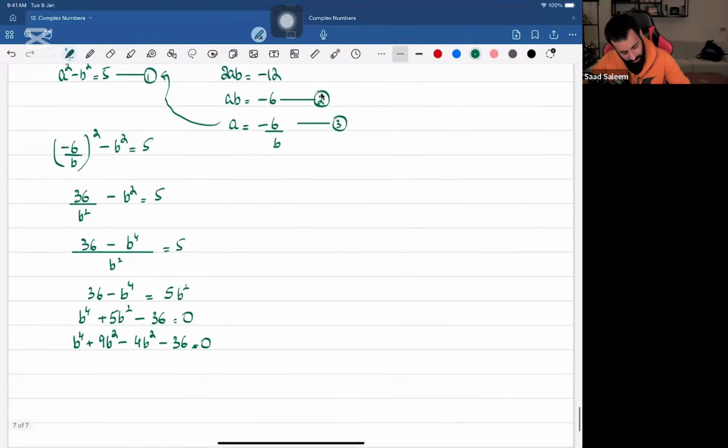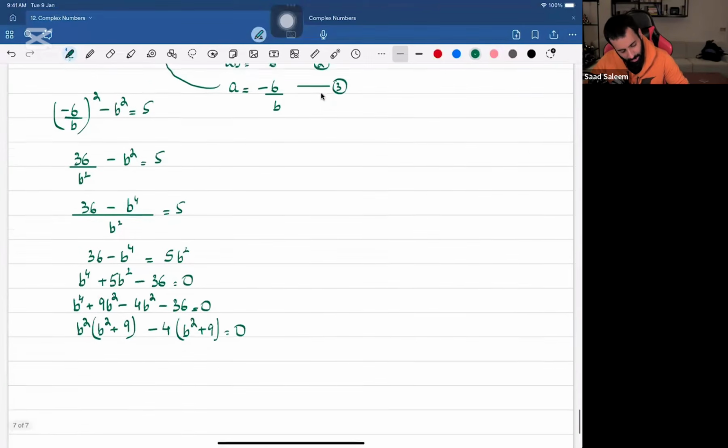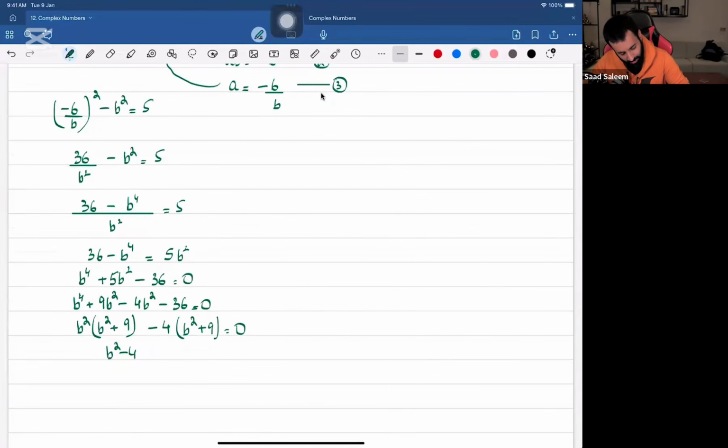Let's take b squared common, so you have b squared into b squared plus 9. Then let's take minus 4 common, so you have b squared plus 9 equals to 0, which means b squared minus 4 into b squared plus 9 equals to 0.